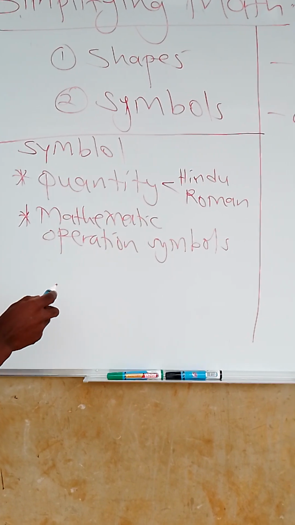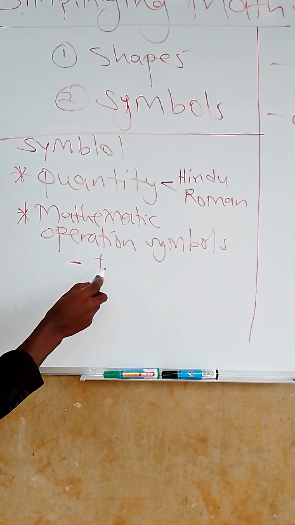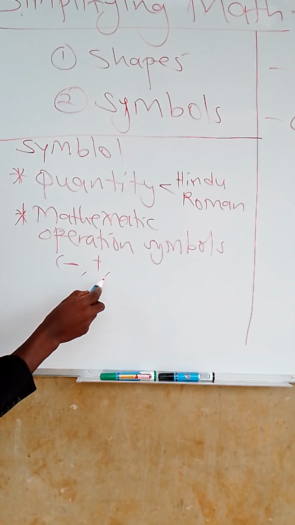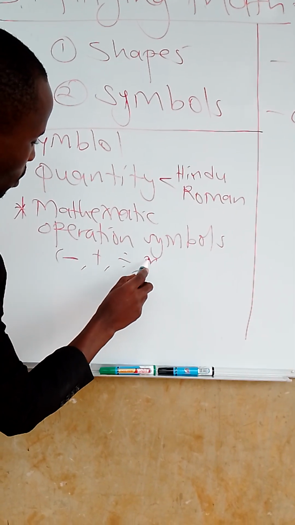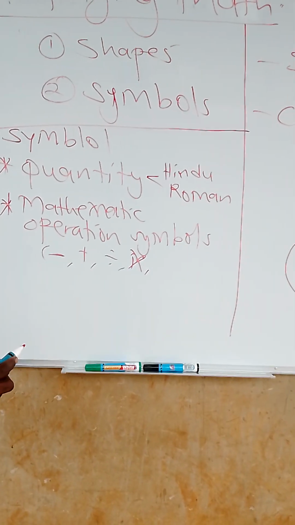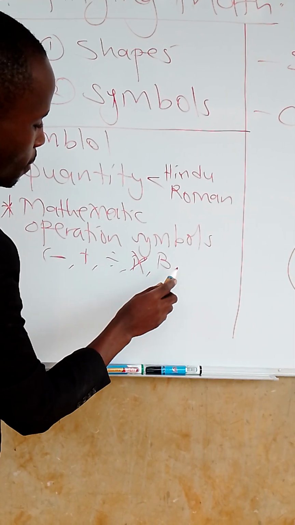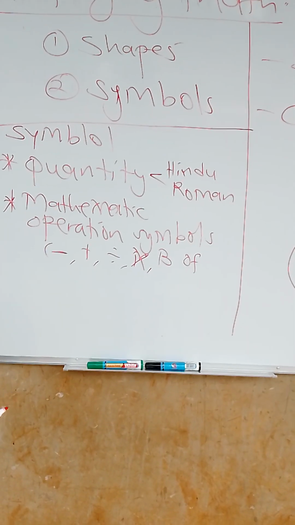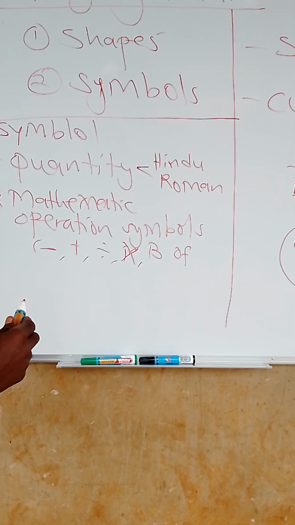We have addition, subtraction, division, multiplication, brackets, and of. These are called mathematical operation symbols.